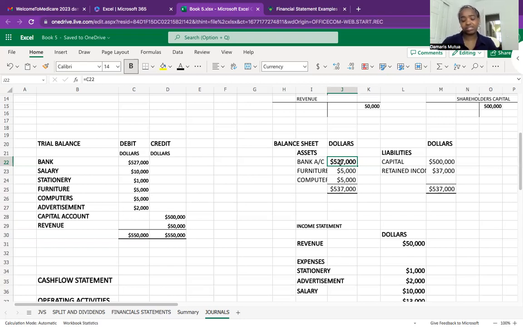So you find these statements are intertwined. They are speaking the same language. So that is what I had for you in this video, and I hope you've understood the relationship between the trial balance, the balance sheet, the income statement, and the statement of cash flow.